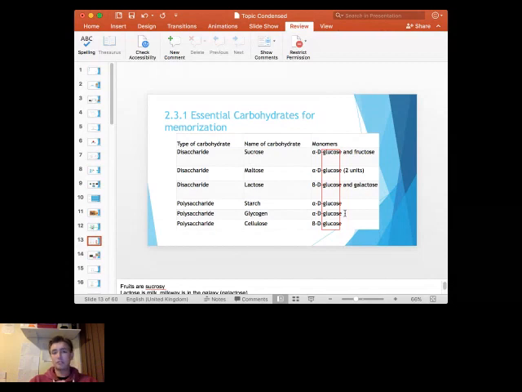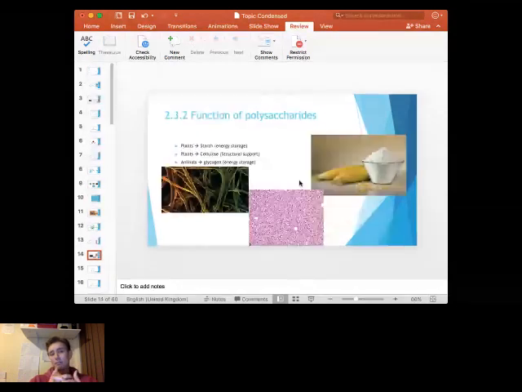Okay, so we're going to go into a little bit more detail about these polysaccharides. One thing that you have to understand about each of them is that they serve a different function. In plants, starch serves as a method of energy storage. And in animals, the way of storing energy is glycogen. As I said earlier, these two have a very similar structure, which is also why they have a very similar function. They both act as energy storage.